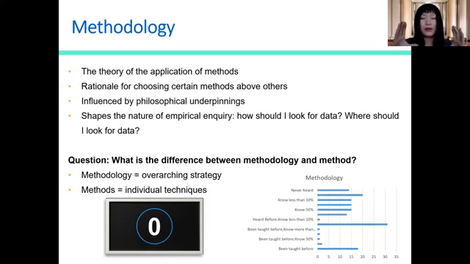I just want to reinforce that image for you. The interview method that you use is guided by the qualitative methodology, and guided by, quite possibly, interpretivism in epistemology and subjectivism in ontology.